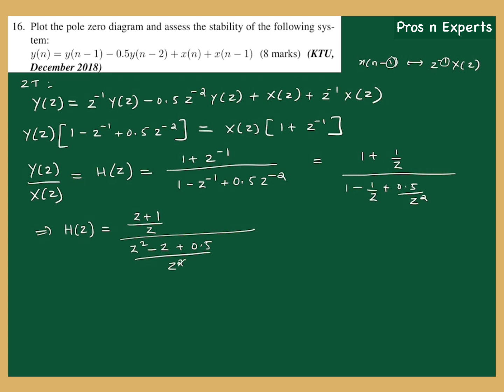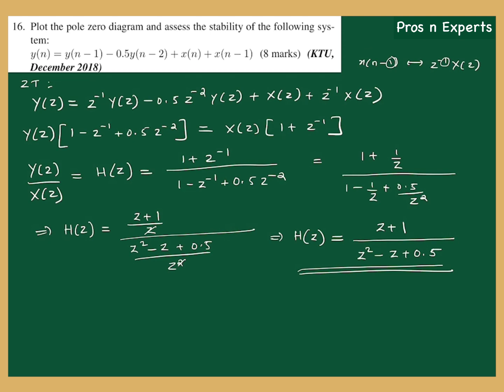We can cancel z here, which will ultimately give this particular transfer function, z plus 1 divided by z squared minus z plus 0.5. So this is another representation of the transfer function. Apart from the previous representation, this is also correct. And now it is very simple to deduce the pole zero plot from this transfer function.